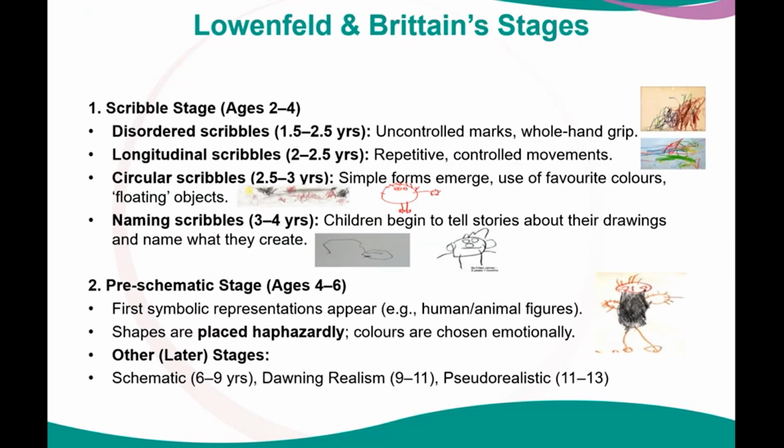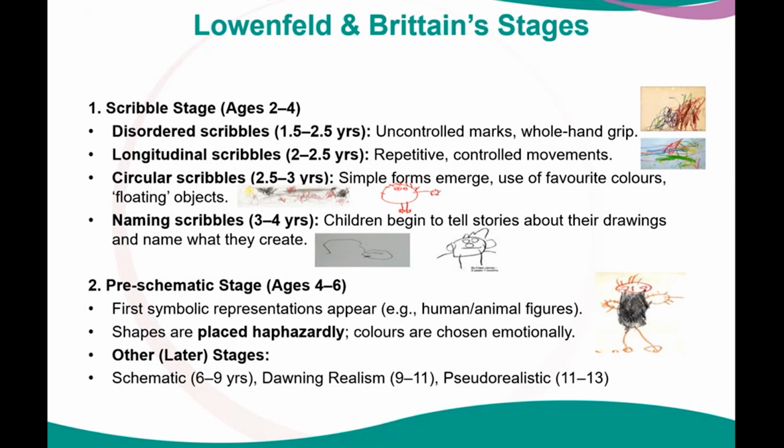Now we're looking at Lowenfeld and Brittain's stages. This is the scribble stage, which is age 2 to 4, where you will find disordered scribbles. This is ages 1.5 to 2.5, where they have uncontrolled markings that could be bold or light, depending on the personality of the child.